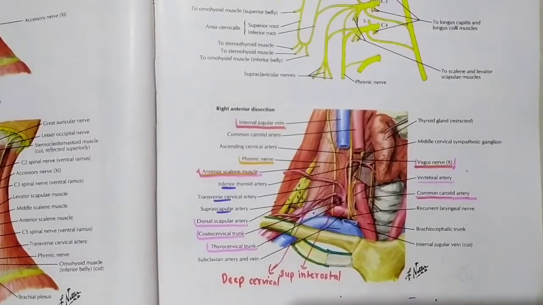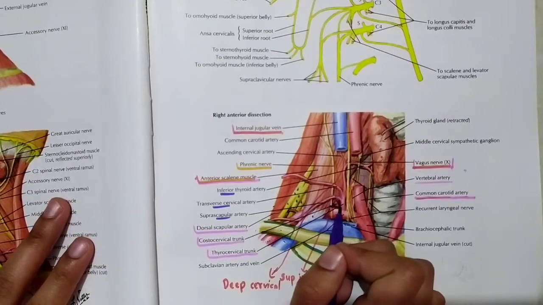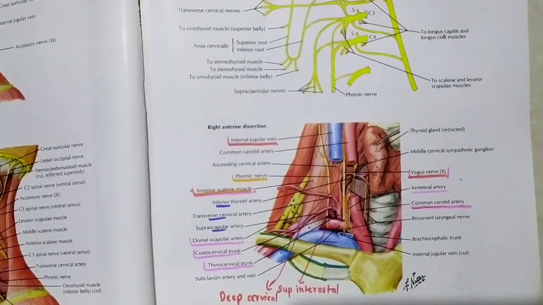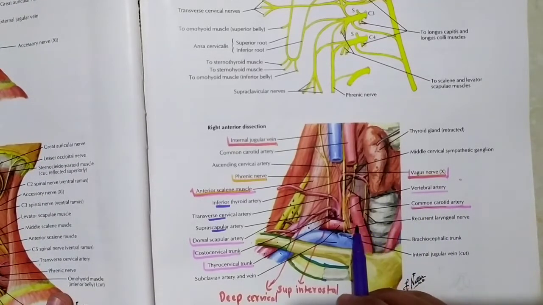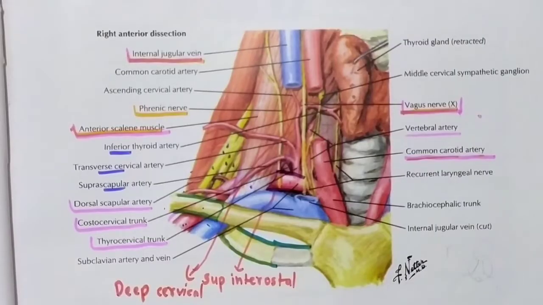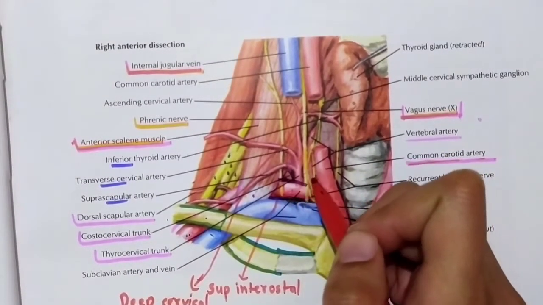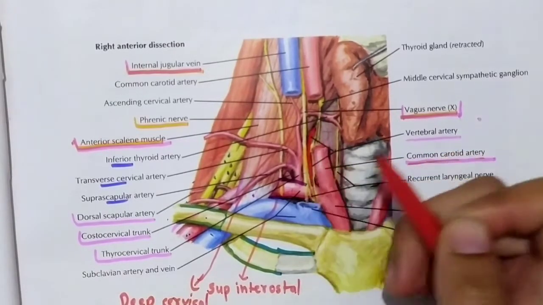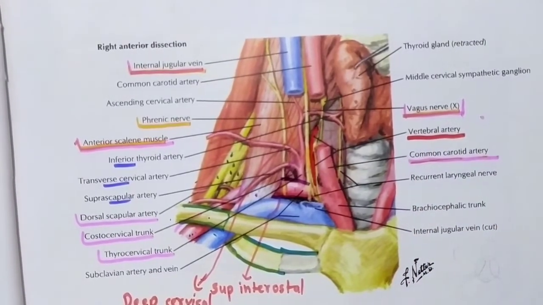Now let me show you from this atlas. This is the subclavian artery, and in this diagram from the first part you can see the vertebral artery going upward.